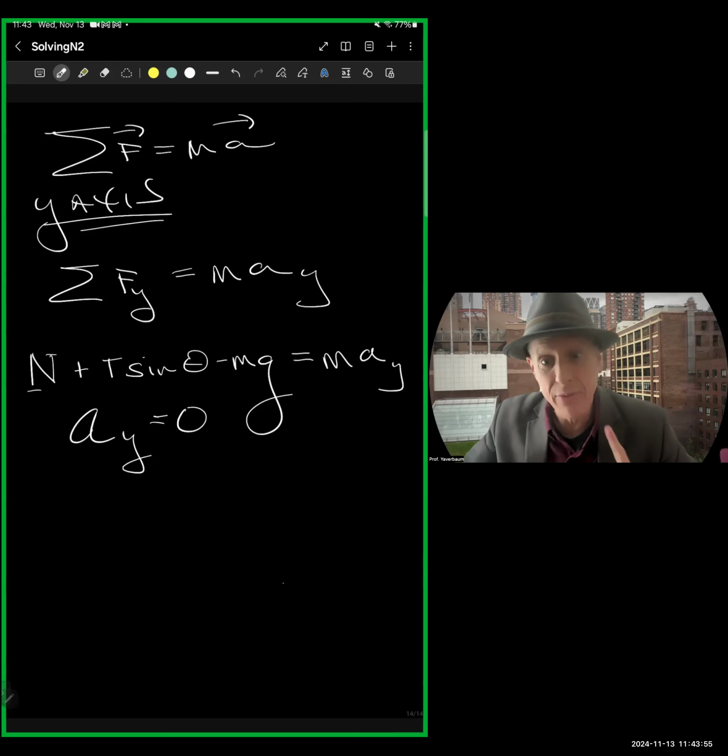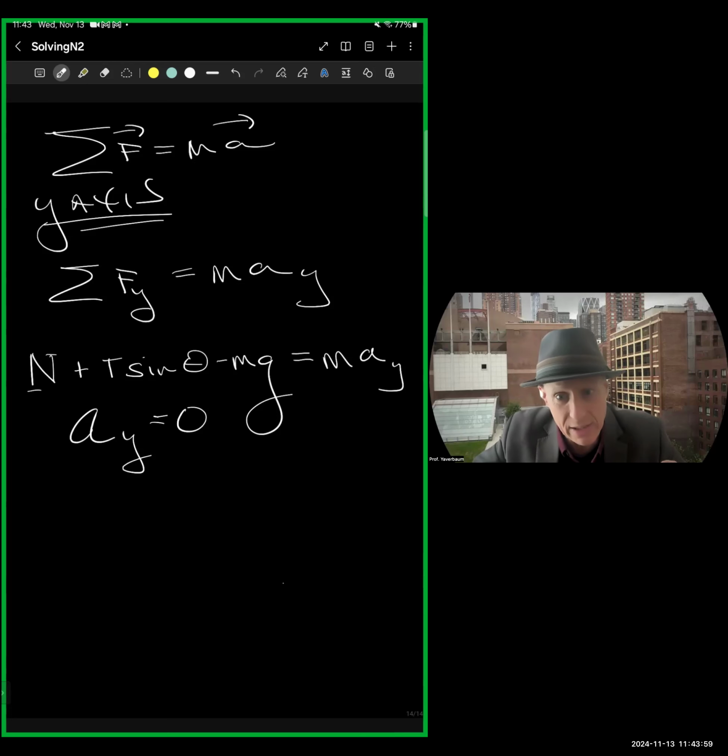And by the way, this is one of the reasons that we always choose an x-axis to line up with positive acceleration, because if we do that, then automatically the y-axis won't have any acceleration in it. So in other words, the apple is not accelerating up nor crashing through the table.